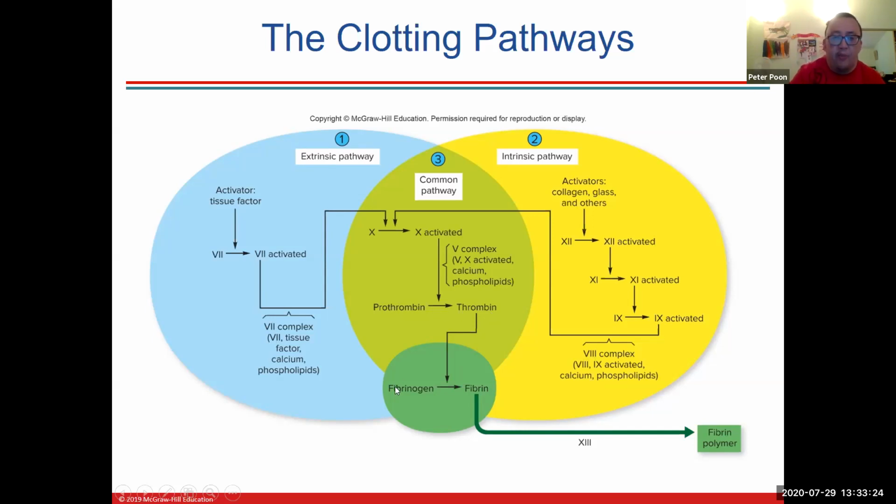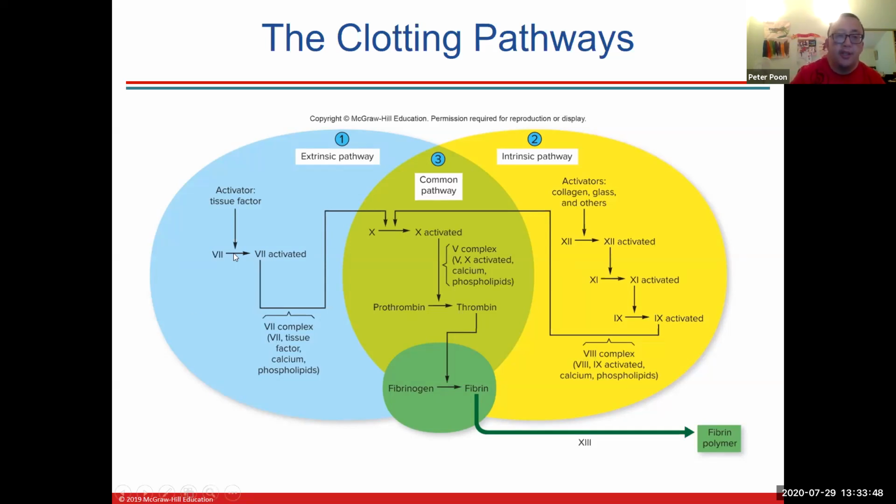Thrombin then cleaves fibrinogen into fibrin. Ultimately, you get a fibrin polymer, which goes from soluble to insoluble right at the point where you need the fibers.